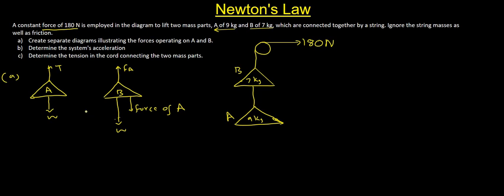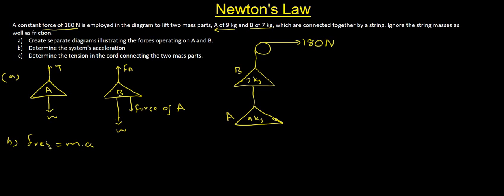So let's look at question number 2. Determine the system's acceleration. For us to be able to determine the acceleration, we know that we need to get the resultant force, all the forces acting on the system, equals mass multiplied by the acceleration.